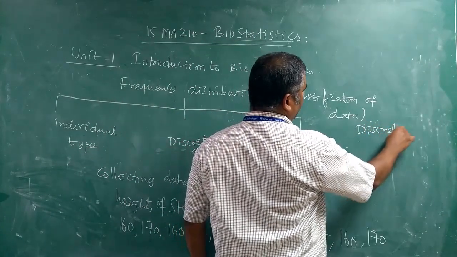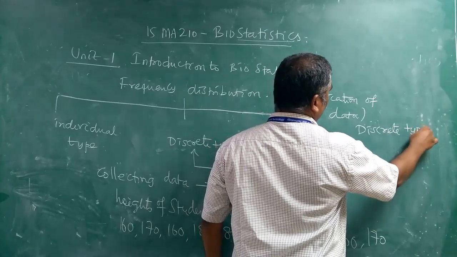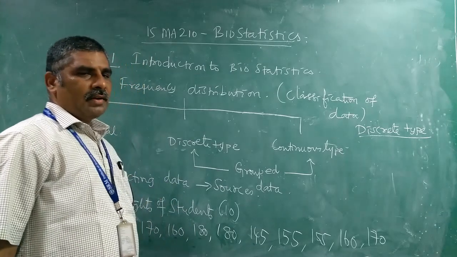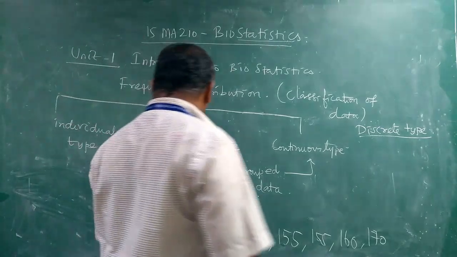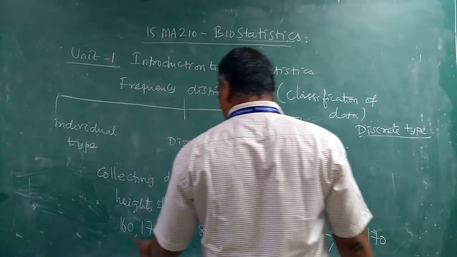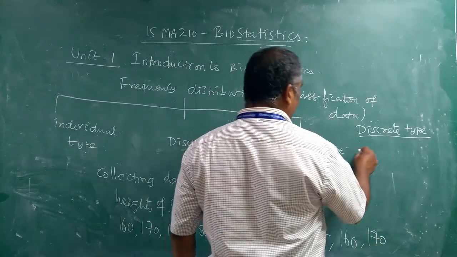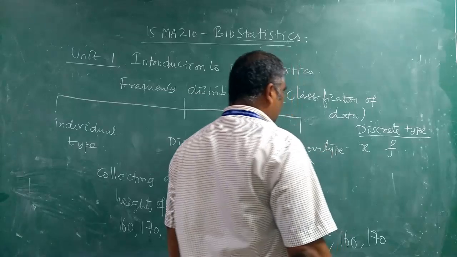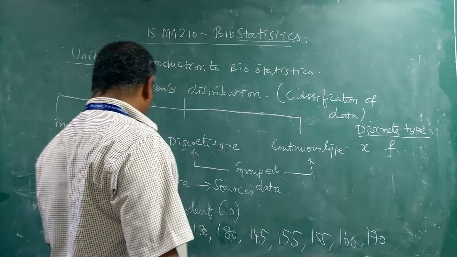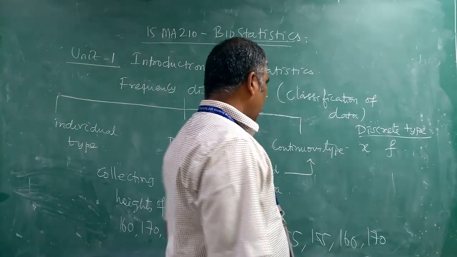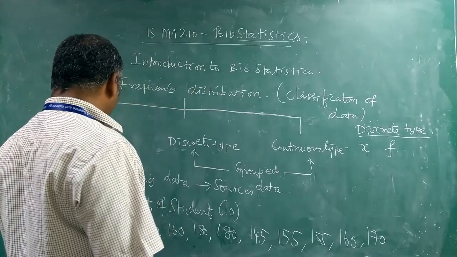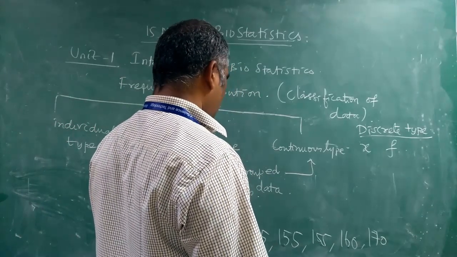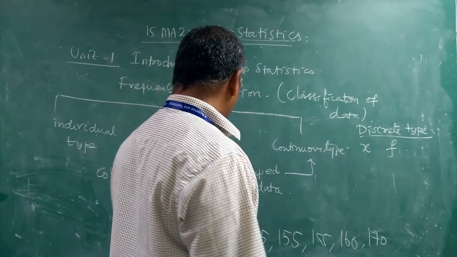I define the discrete type data first: the value which takes a particular integer value is called discrete type data. We are collecting the data, you can call it X. F means the number of times the same data is repeated. So you can see here, we go from the lowest to the highest.